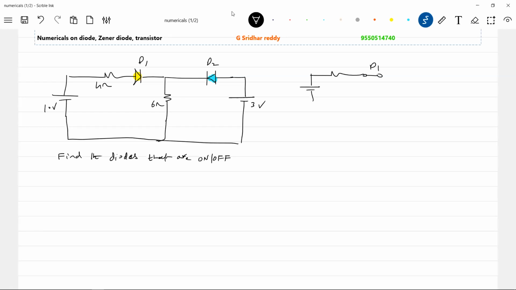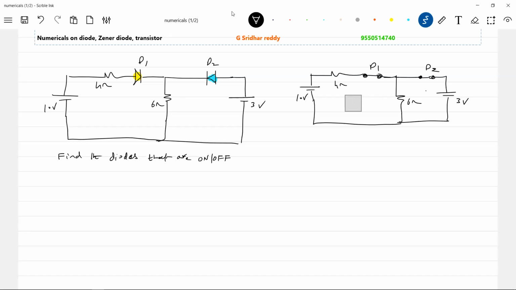I'll assume this diode D1 is forward biased. Both the diodes are forward biased here, and let the loop current be I1.